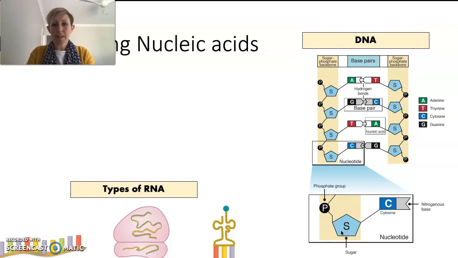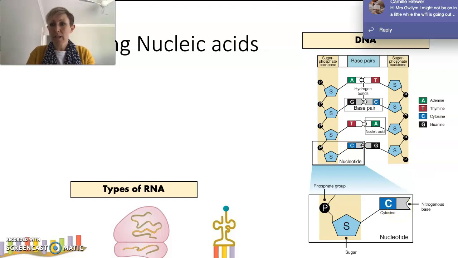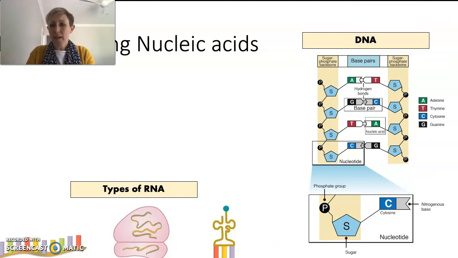Now both DNA and RNA have a phosphate and they'll both have a nitrogenous base. But here comes another one of the differences between DNA and RNA. In DNA those bases are adenine, thymine, guanine and cytosine, but in RNA there is no thymine. So you'll remember that it was uracil and not thymine that pairs with adenine.